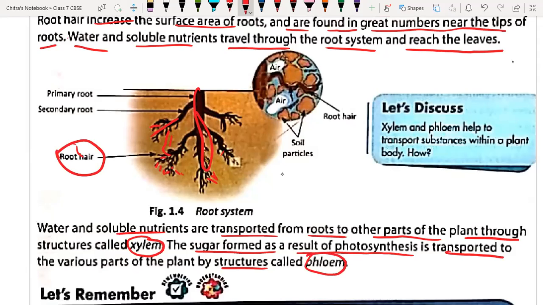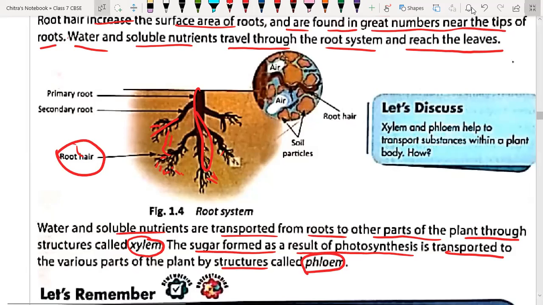So in plants we have xylem and phloem cells which control the transportation of material. Phloem controls the transportation of food and xylem regulates the transportation of water in plants. So this is all about photosynthesis.